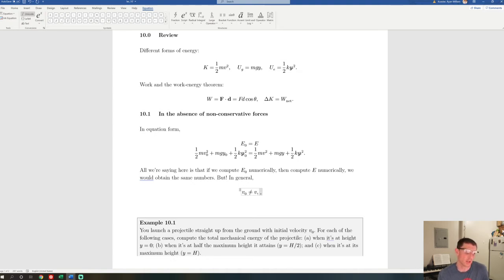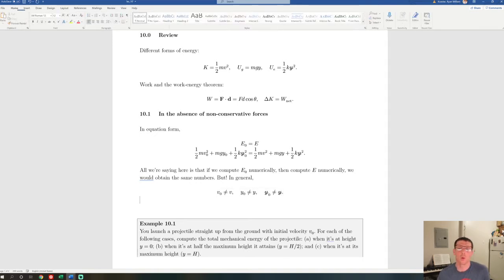Or speed, I should say. And the initial y position of the object won't in general be equal to the final y position of the object. And the initial compression or extension of the spring won't necessarily be equal to the final compression or extension of the spring, right?